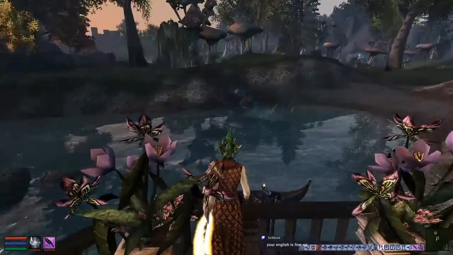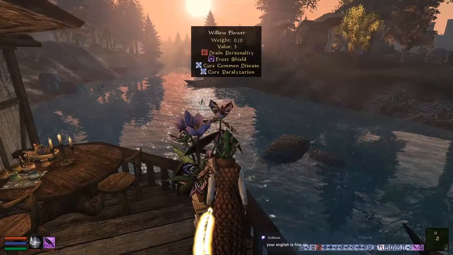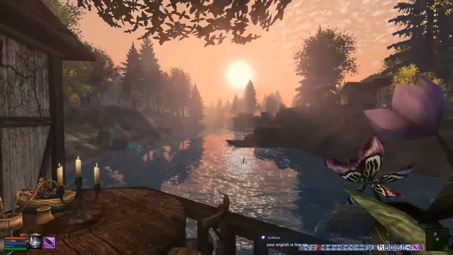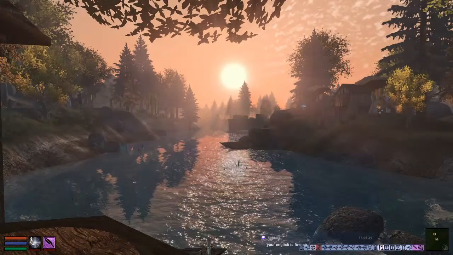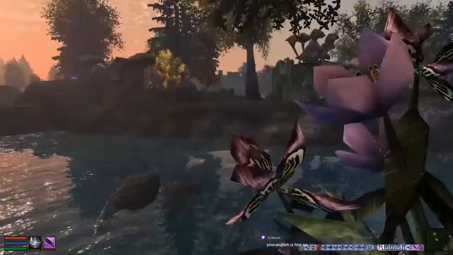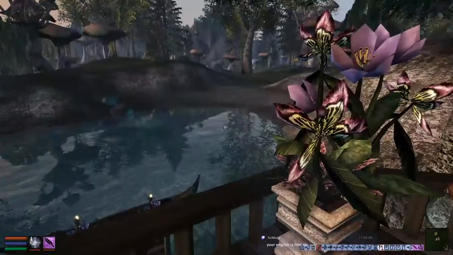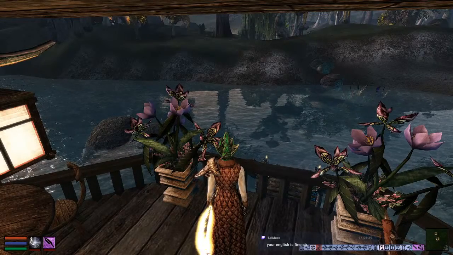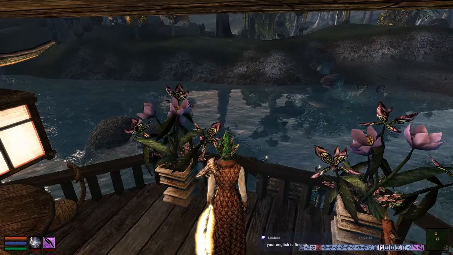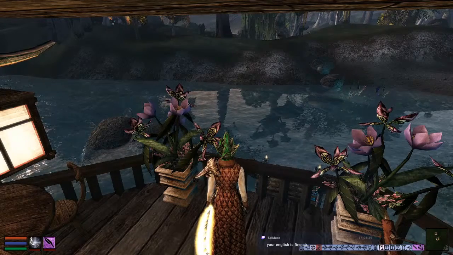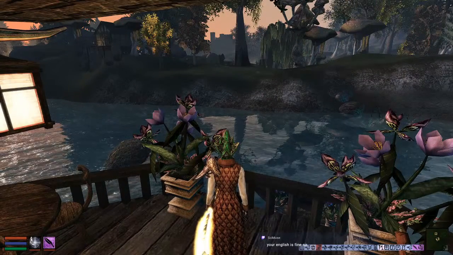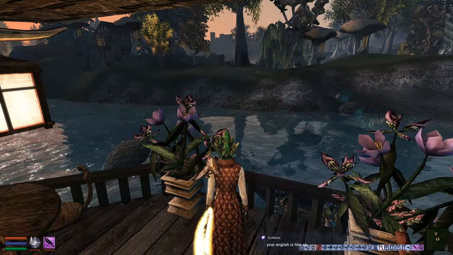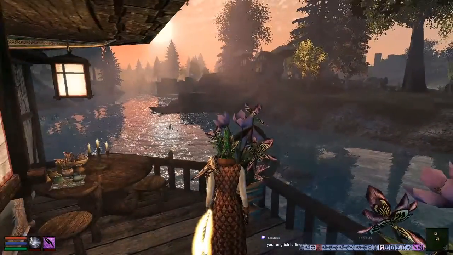We should be nearby Caldera. Oh, look at how nice. And we must go to Ibonat. I don't know.